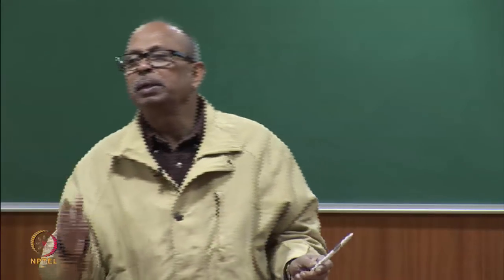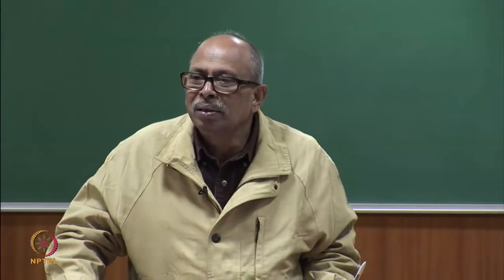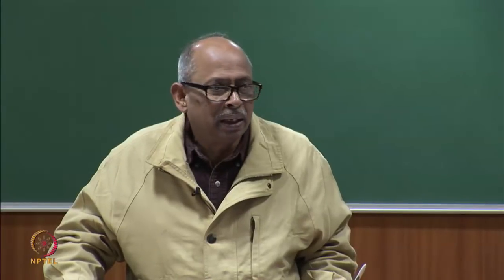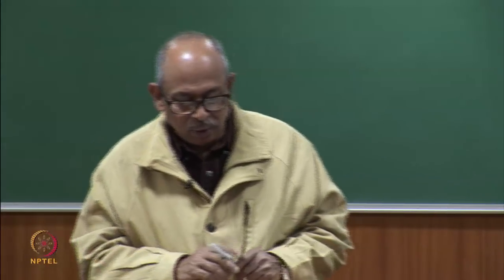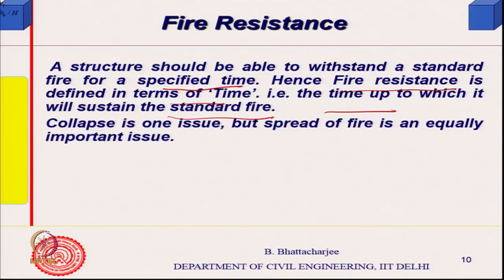People will talk in terms of a 1 hour fire resistance wall or a 3 hours or 4 hours fire resistance wall and things like that. So fire resistance is talked about in terms of time, up to which it will sustain the standard fire, right. Now, how will you judge performance?